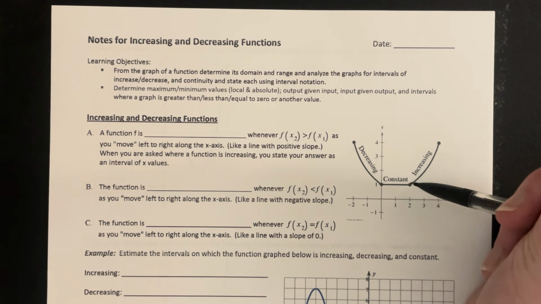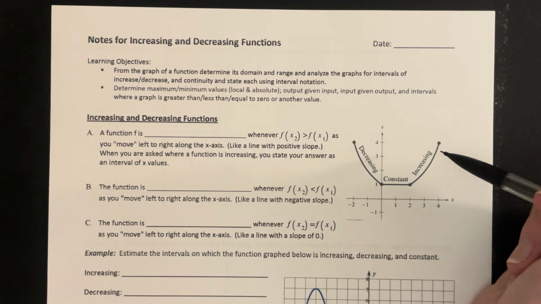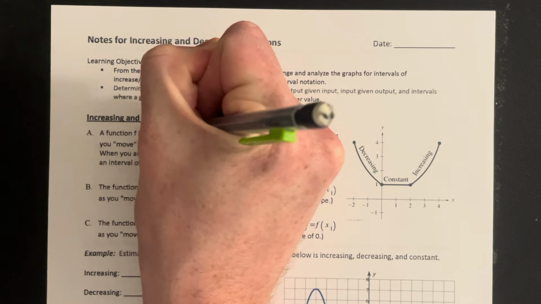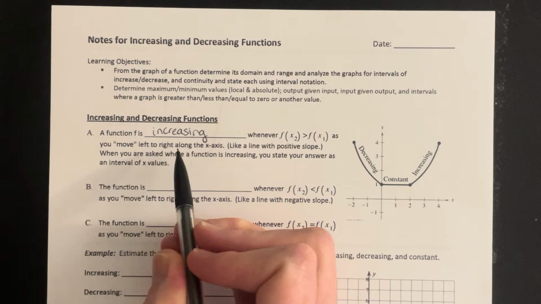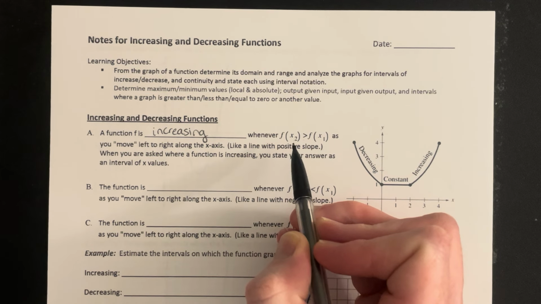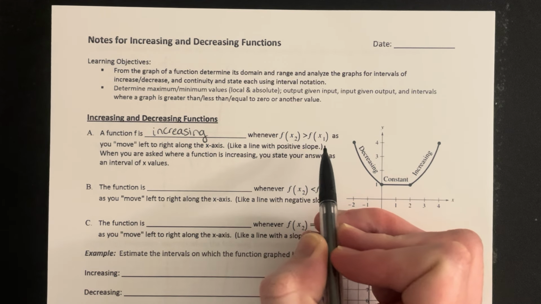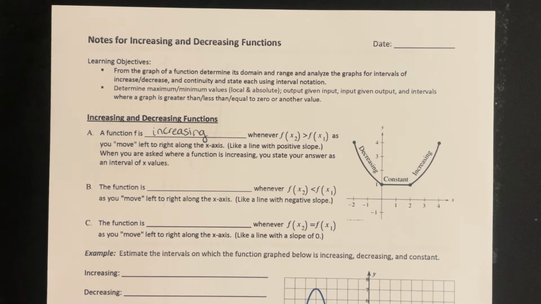So we know that a function's increasing when it is going up. And we have a technical definition here. A function is increasing whenever f of x2 is greater than f of x1 as we move from left to right along the x-axis.